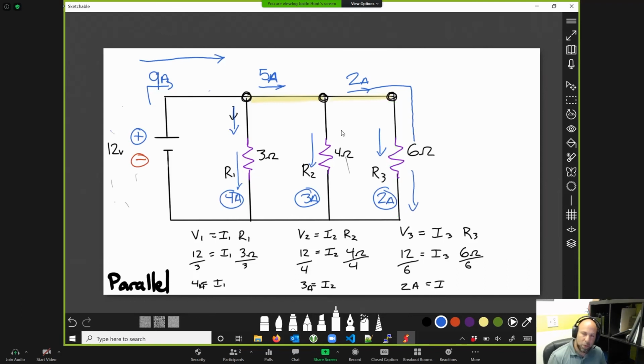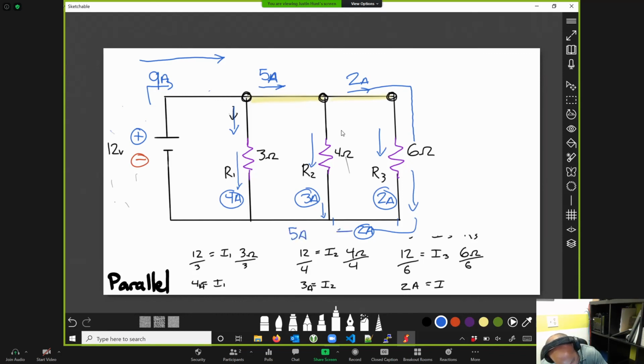But check this out. We're talking about the balance here. This is where it gets cool. We have a closed circuit, and everything's going in a loop, and it's feeding back into itself. So we've got 2 amps at this point between here and here. But we also have this amperage that's coming down, and it's looking to feed back into the negative terminal. And it's going to pick up these 3 amps.